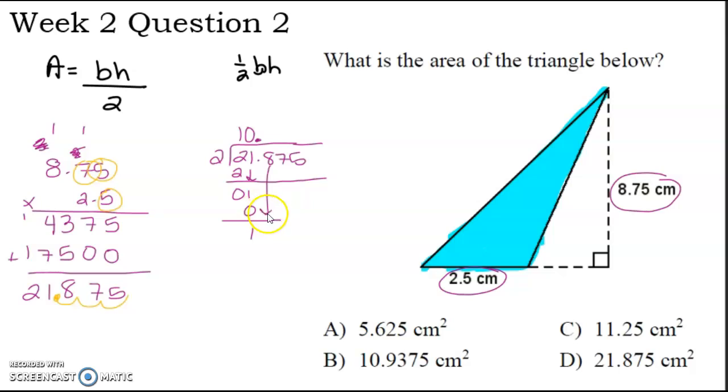Bring down the 1. 2 goes into 18 9 times. 2 goes into 7, 3 times. What am I doing? 2 times 3 is 6, 1.